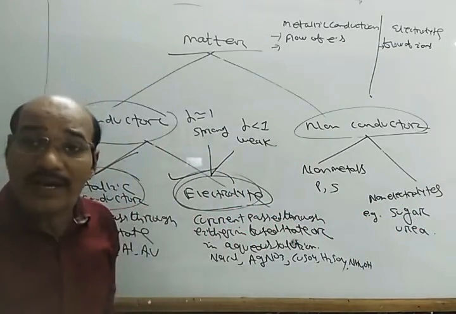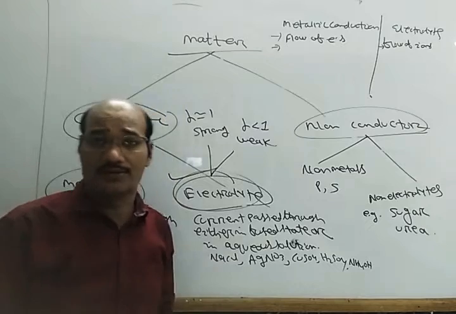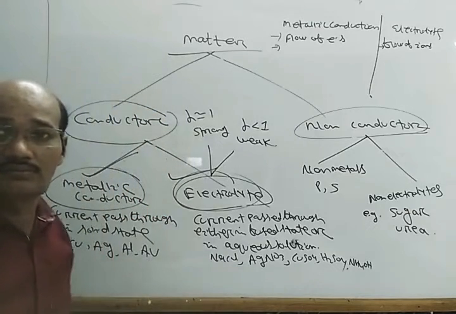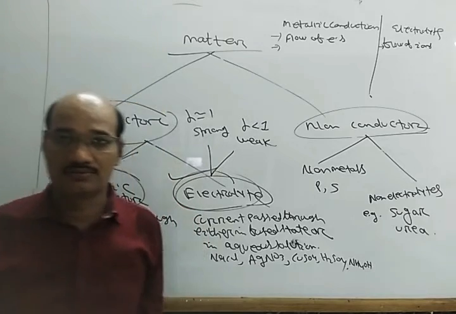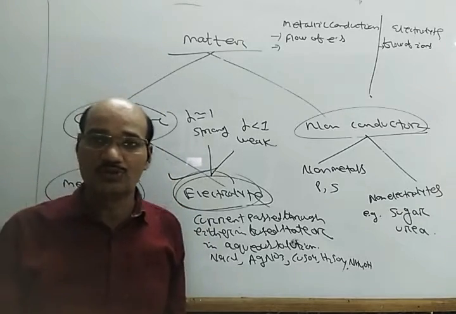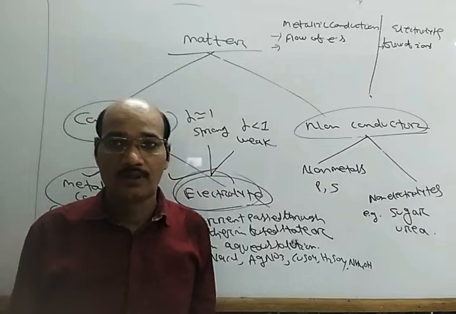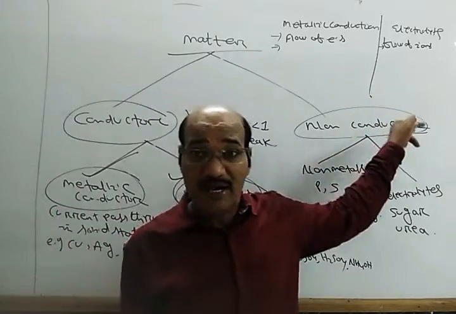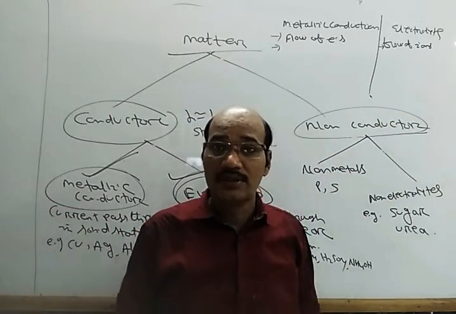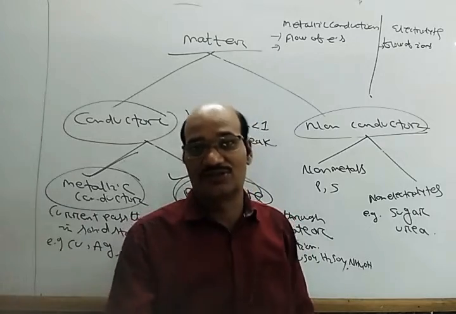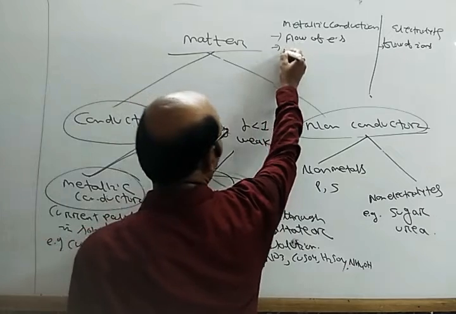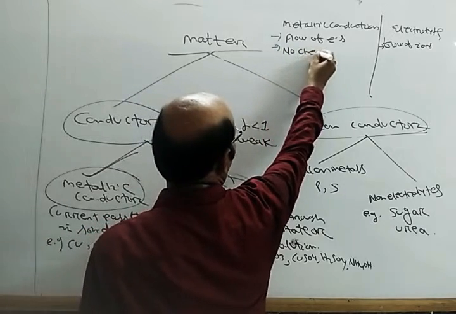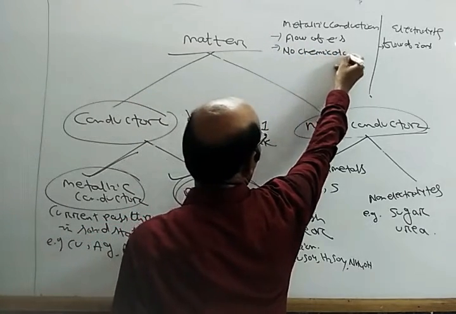Number two, when current is passing through a metallic conductor, no chemical change occurs. Simply the current passes due to the flow of electrons. But when current is passing through an electrolyte, a chemical reaction occurs, so there is a chemical change.